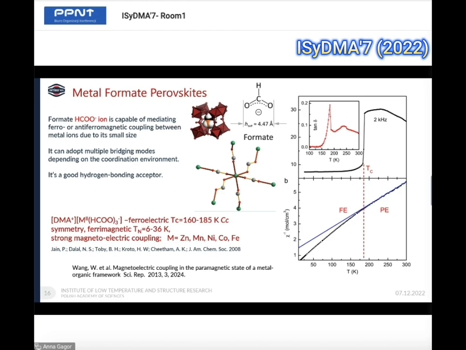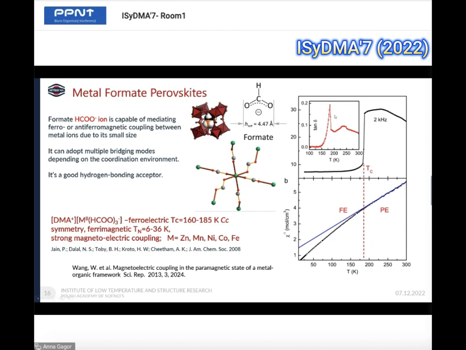The investigations on formates boosted after the paper of Jain, which was published in 2008, in which he reported the ferroelectric and ferrimagnetic properties of dimethylammonium formate with different metals.